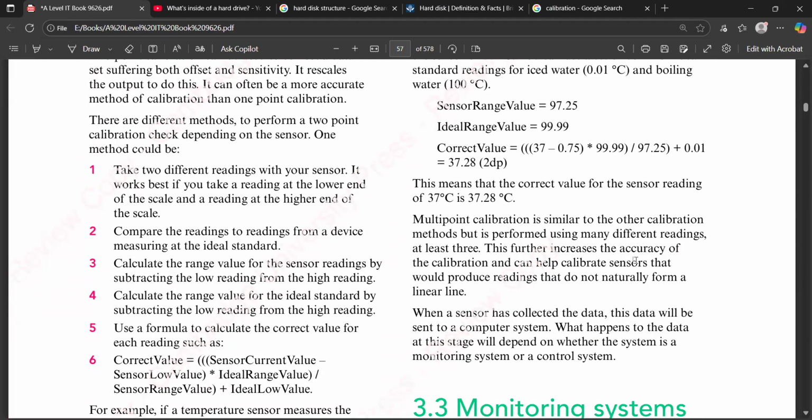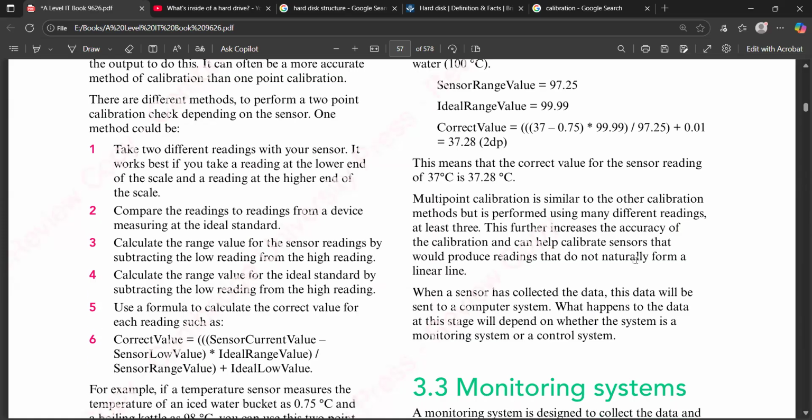You can also work with multiple point calibration, which is similar to the other methods but performed using more readings. This increases your accuracy, because with more readings you can calibrate the sensor better.